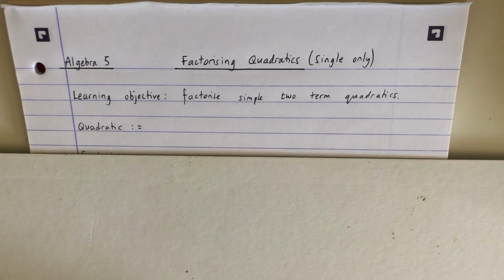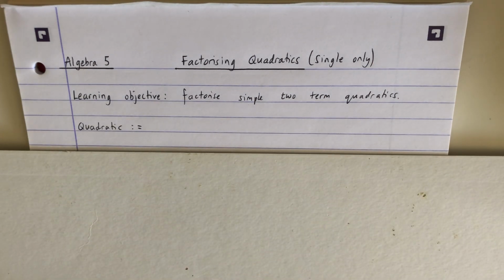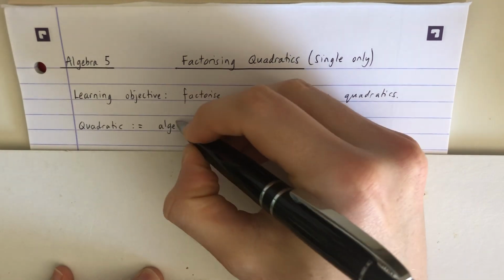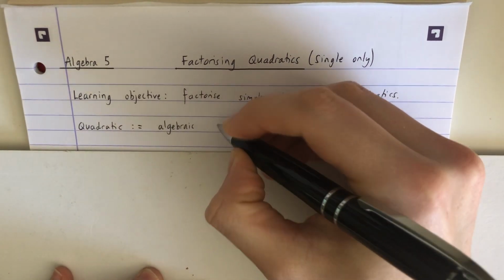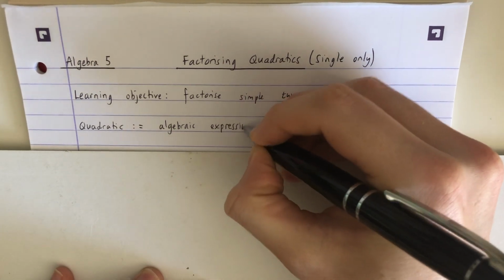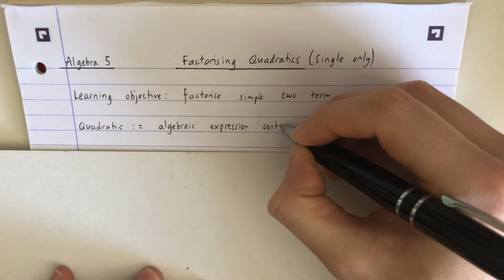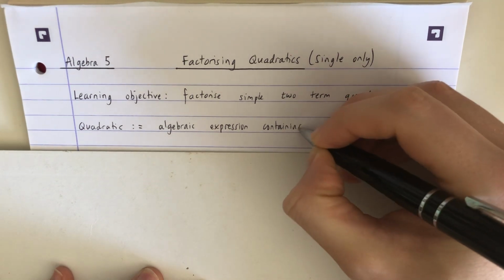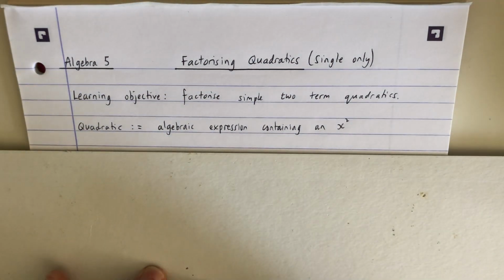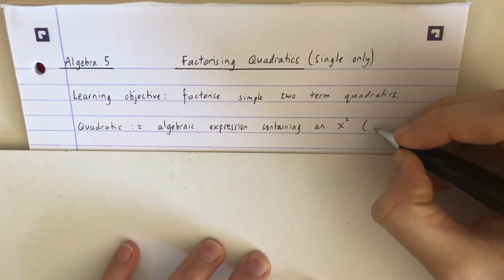Okay, I'm going to define what a quadratic is. It is an algebraic expression containing an x squared. So there's going to be an x squared term in there, and that's the highest power.